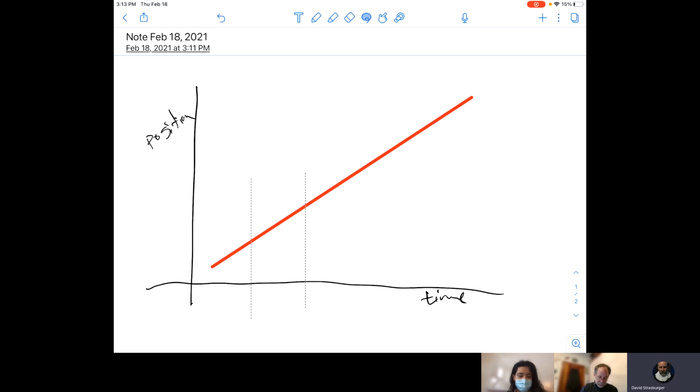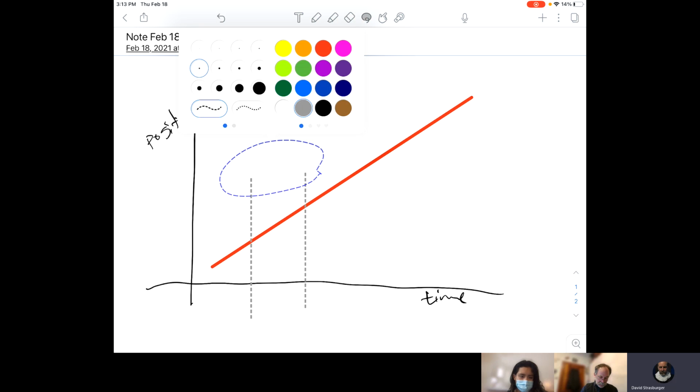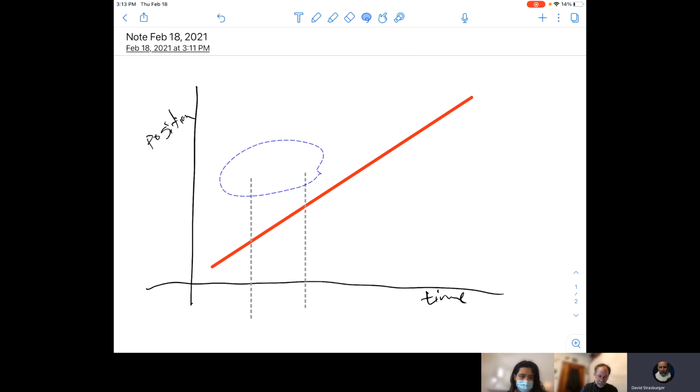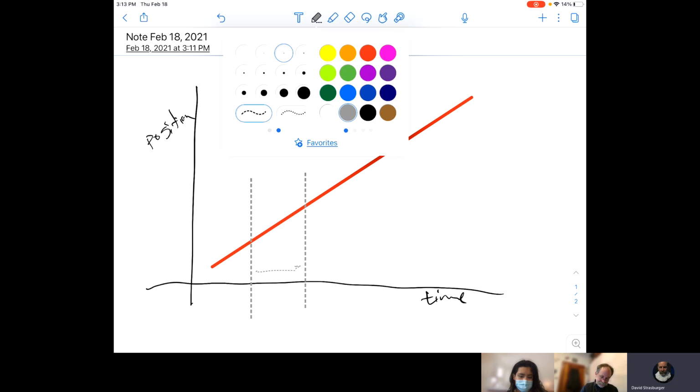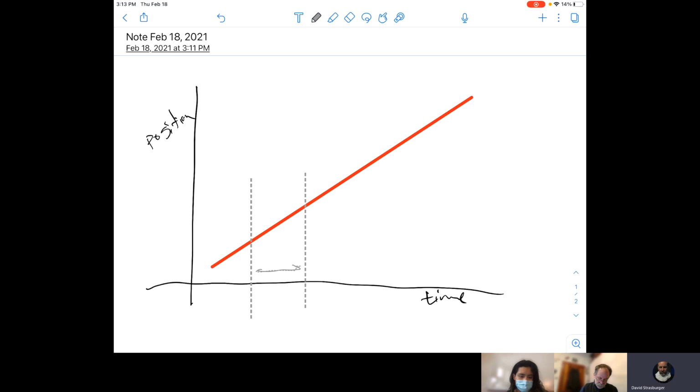So it's like from one of these moments to the other. All right, now here we go. So during this little chunk of time, how much does the position change? Well, it changes from here to here, right? So that's like how far it went during that amount of time.